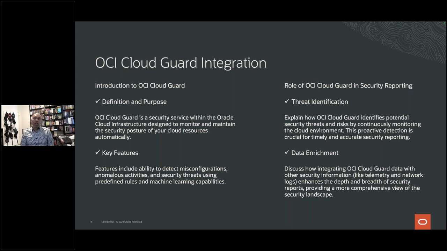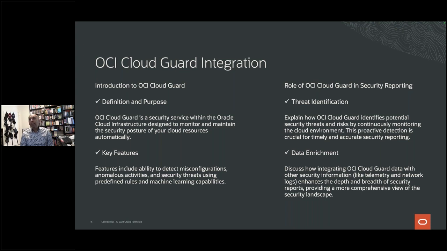The role of OCI Cloud Guard in this security reporting system is threat identification. It identifies potential security threats and risks by continuously monitoring your cloud environment. This proactive detection is very crucial for timely and accurate security reporting.